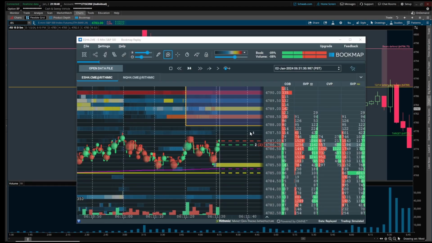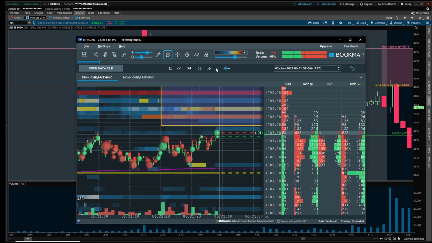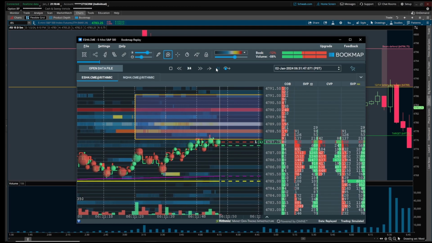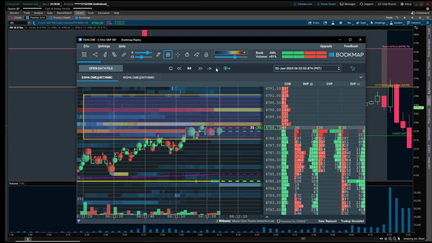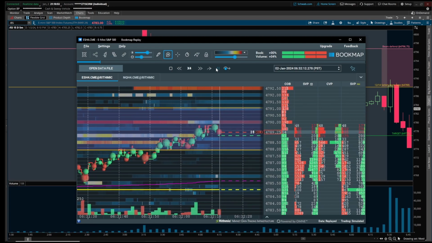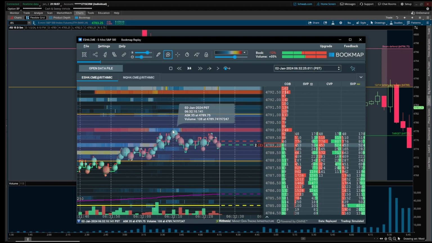Box is my 4788 level, and there's a bunch of buying that tried to sustain above 88 for a high of day attempt, but it simply just failed. And you can see here a bunch of green bubbles, but they weren't getting rewarded for their effort.